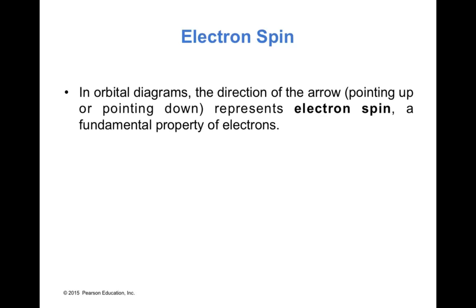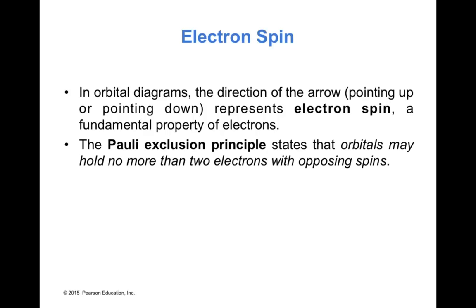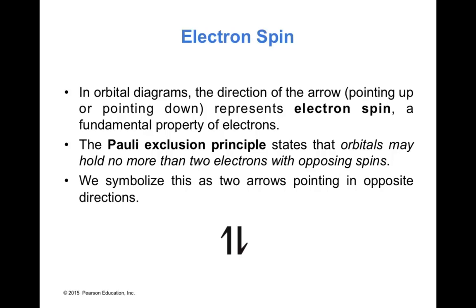In orbital diagrams, the direction of the arrow pointing up or pointing down represents the electron spin, a fundamental property of the electrons. The Pauli exclusion principle states that orbitals may hold no more than two electrons with opposing spins. We symbolize this as the two arrows pointing in opposite directions.